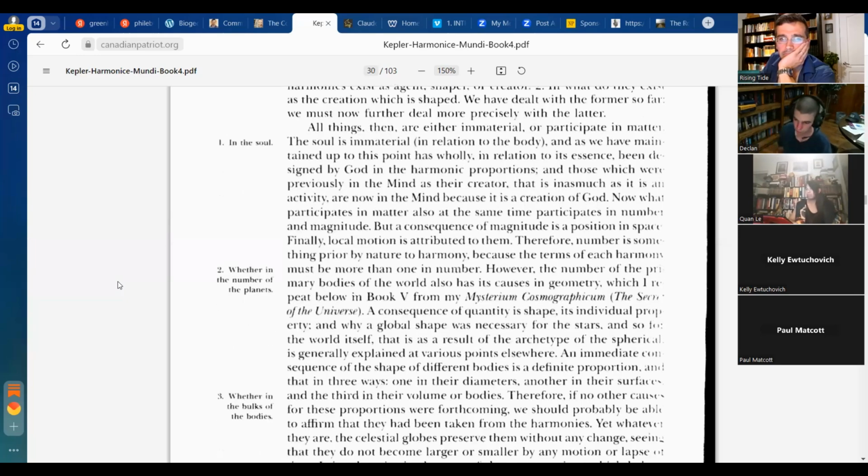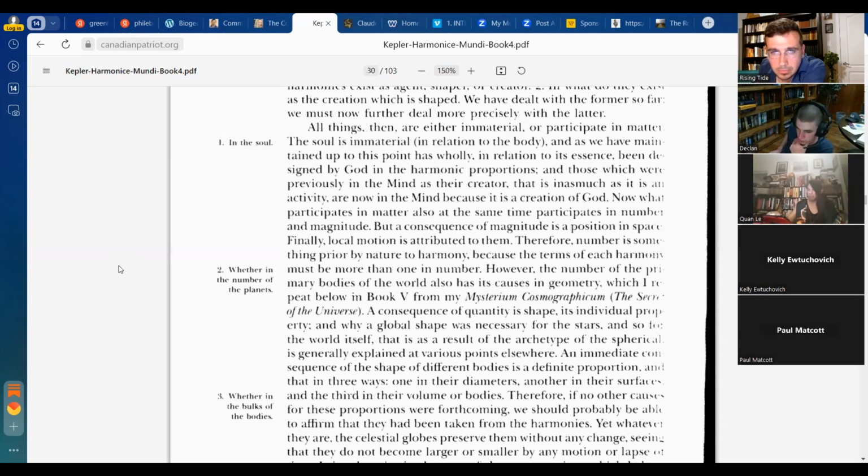A consequence of quantity is shape, its individual property, and why a global shape was necessary for the stars, and so for the world itself, that is as a result of the archetype of the spherical, is generally explained at various points elsewhere.